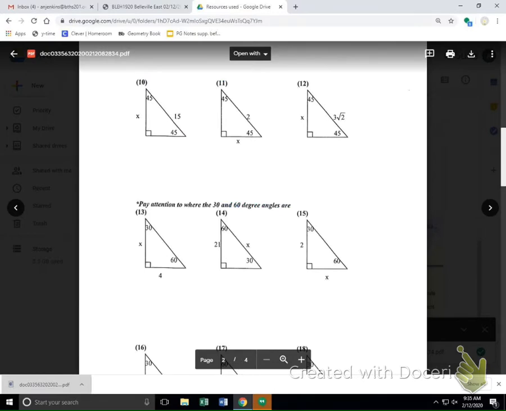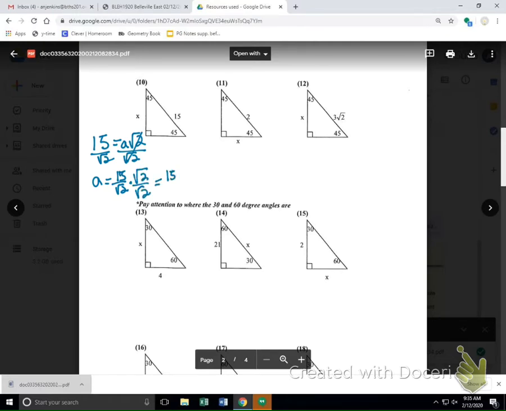Okay, we have 15 here. What is the formula for the 15 side of our triangle? A square root of 2. Okay, so we're going to divide by the square root of 2. These cancel. We get A equals 15 over the square root of 2. We have to rationalize. That's why we multiply top and bottom by the square root of 2.